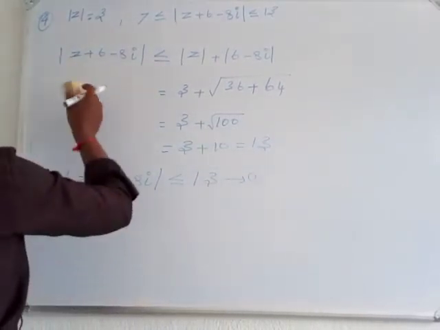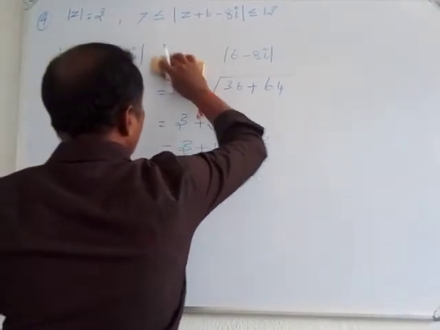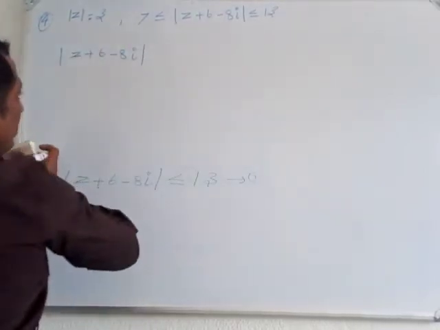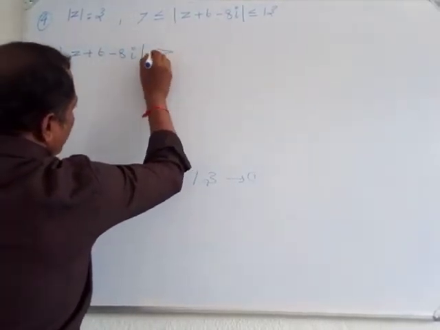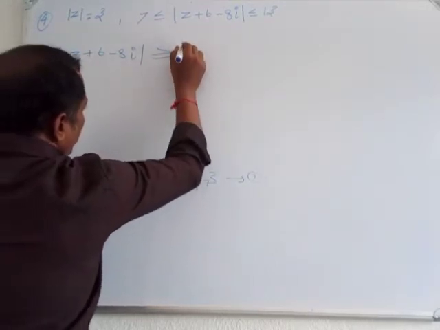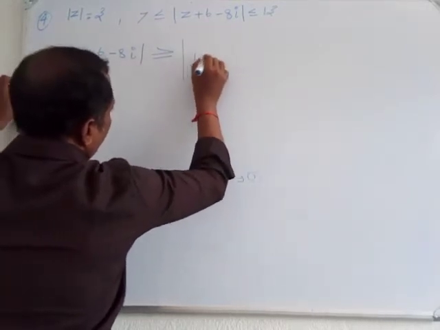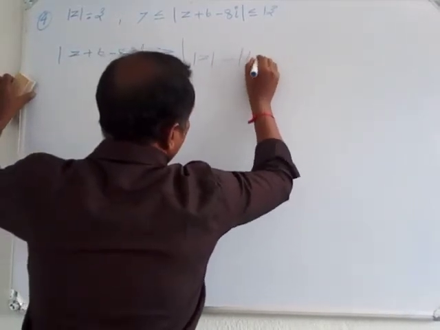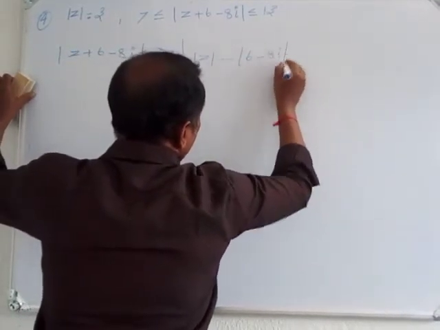And then the same modulus can be written as greater than or equal to modulus of z minus modulus of 6 minus 8i.